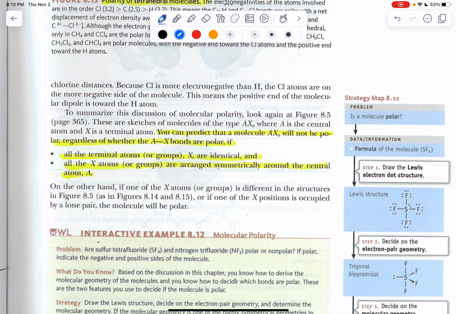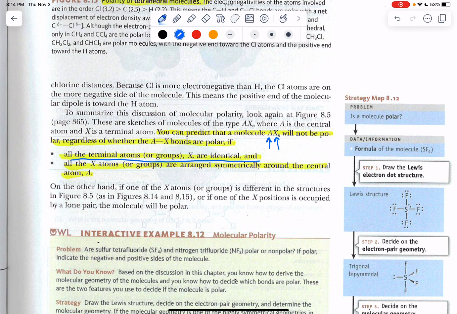So you can predict that a molecule, given here by some atom A and some atom X, will not be polar, regardless of whether the A-X bonds are polar, if all the terminal atoms are identical.